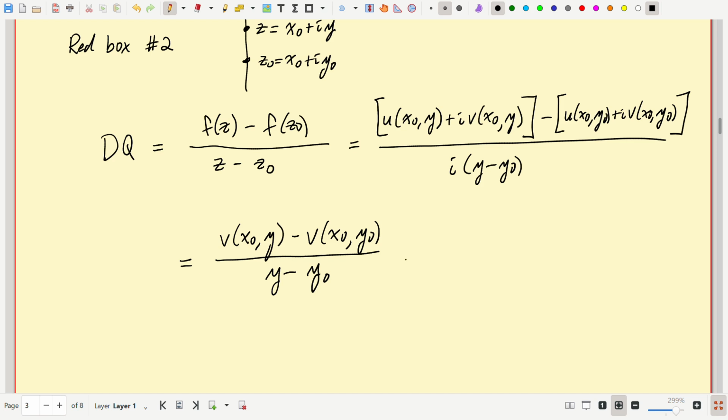And then the imaginary part, I'll get a 1 over i. And 1 over i is minus i. That's the 1 over i thing. And then the rest of the stuff is the u stuff. And so I get minus i times the difference quotient for the u partial derivative with respect to y.